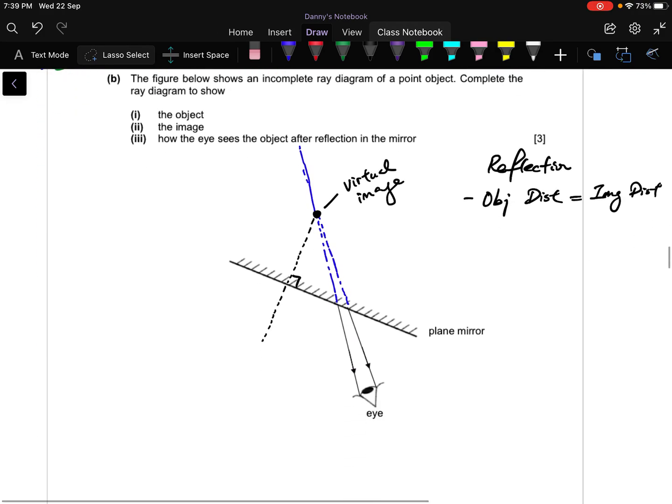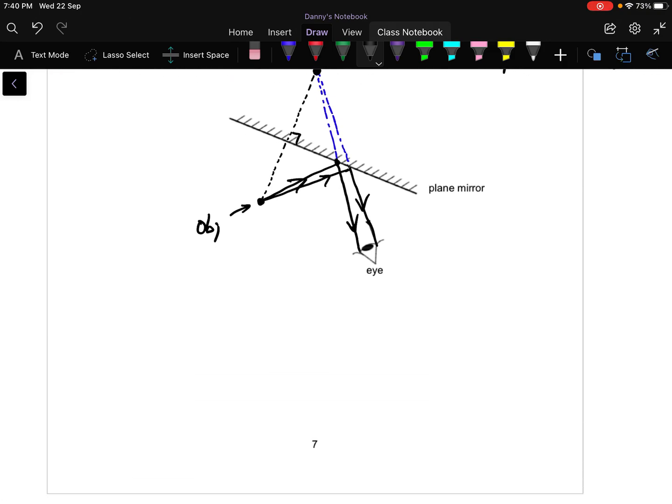For you, you have to use a ruler. Then I will find that, oh okay, this means that this is my object. And once I know this is my object, then I just need to link this ray over here, this black darkened one, which has to come from the object. The light has to come from the object, so I know it is from here. Then same thing for this one. It has to come from the object. So I know, done. 3 marks, just like that.